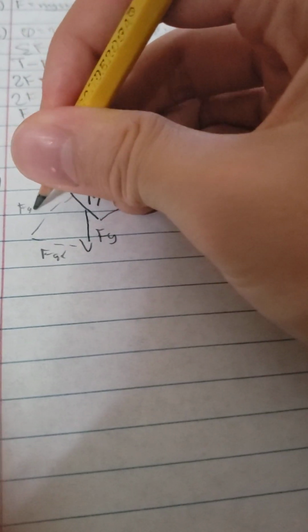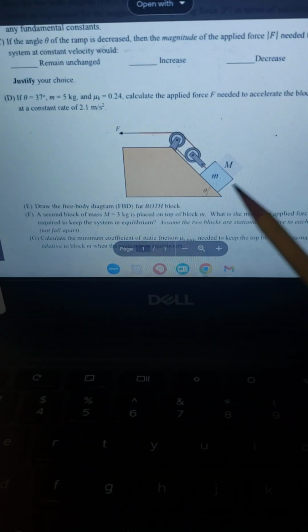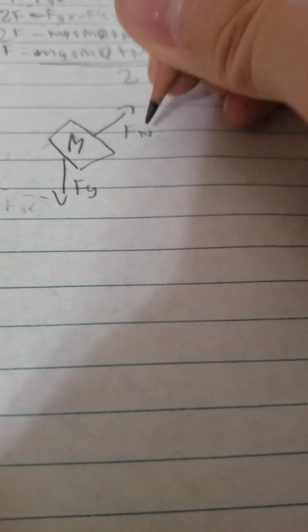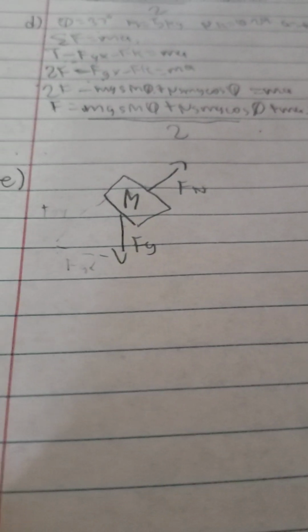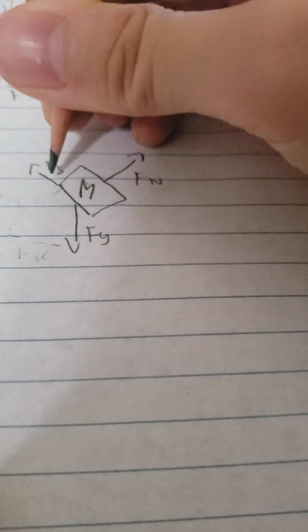Because it's the top block, it's not on the slope here yet. So it's going to be Fg, and then there's going to be an FN. And also there's going to be an Fs opposing this too.